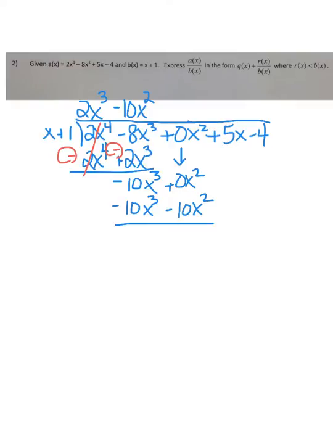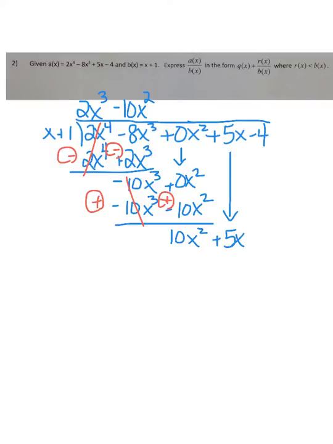We are going to change and circle, change, oops, that's a plus sign, and circle. And our negative 10x cubed and positive 10x cubed are going to cancel. And then on this right side here, we will get 10x squared. Drop down the next term.